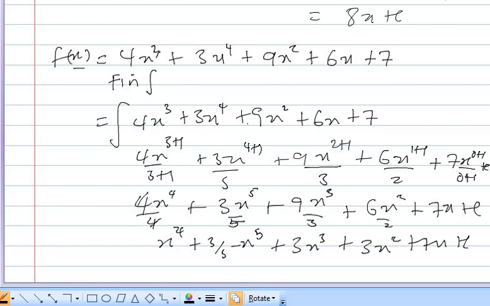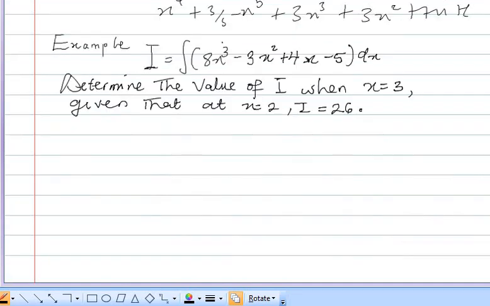So let's take another question, where we find the constant term known as c. We should find the c. Let's look at the types of questions.